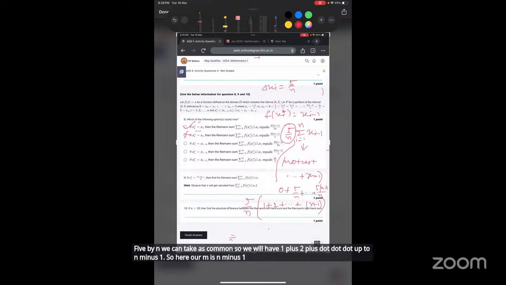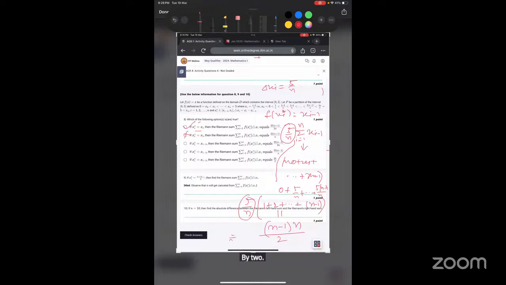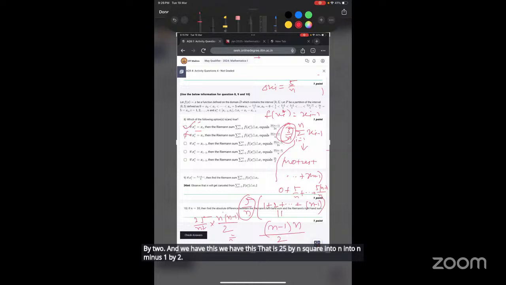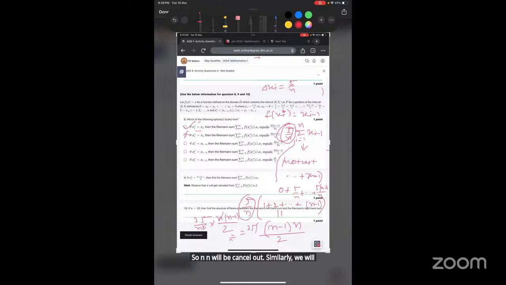Then this will be n minus 1 into n by 2. And we have this. That means 25 by n square into n minus 1 by 2. So n will be cancelled out. Similarly, we will get 25 into n minus 1 by 2n.